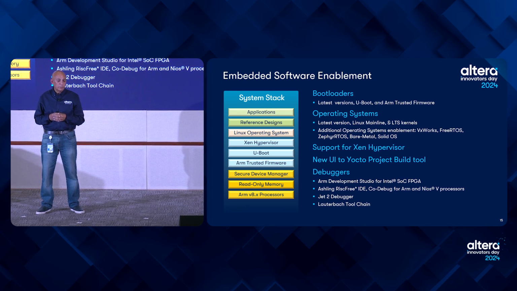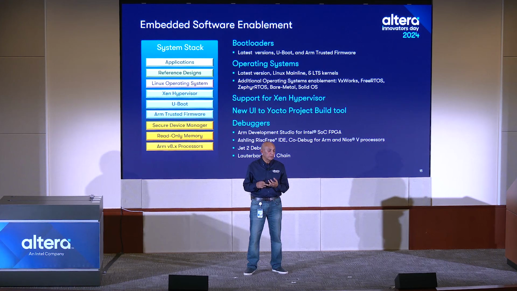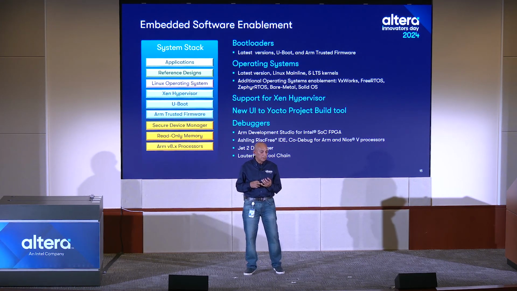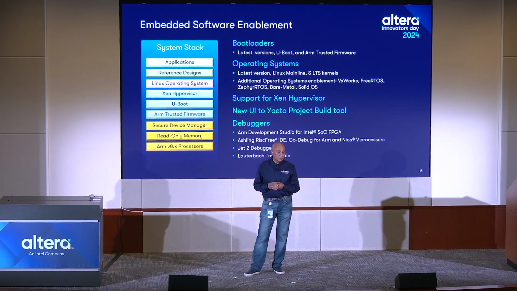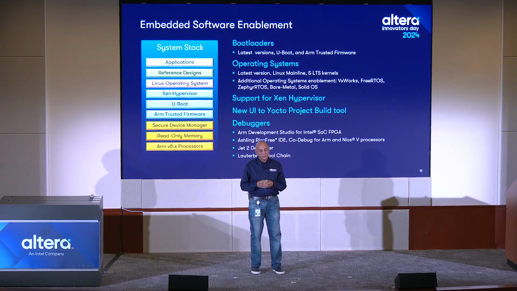Of course, the mainline Linux and the LTS kernels are updated to the latest. Additional operating systems are being enabled on Agilex 5: VxWorks, FreeRTOS, Zephyr RTOS, bare metal, and SolidOS. We're also supporting the Xen hypervisor, which is a Type 1 hypervisor, and a new UI for the Yocto Project builder tool.